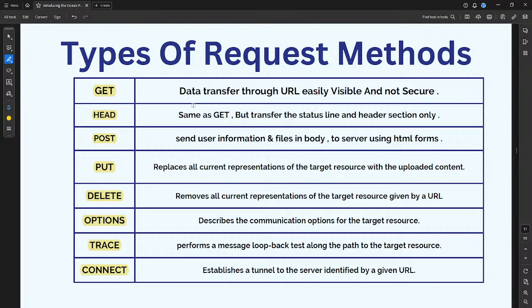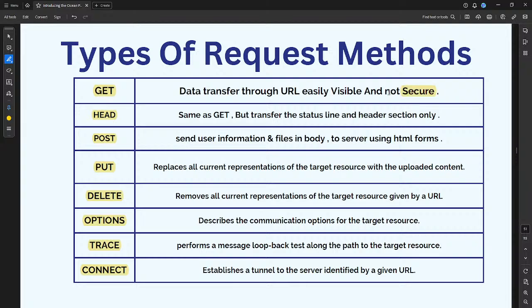Now we can see the get simply is talking about transferring the data across the uniform resource locator, and of course making it easily visible, and in this case not secure, because depending on the type, if this had to be on a protocol like HTTPS, definitely we will be talking about a secure connection.